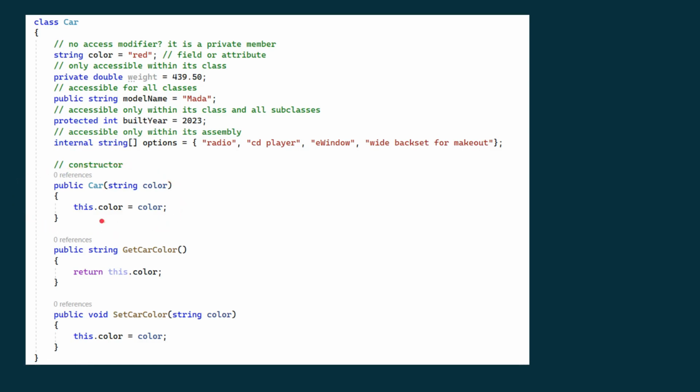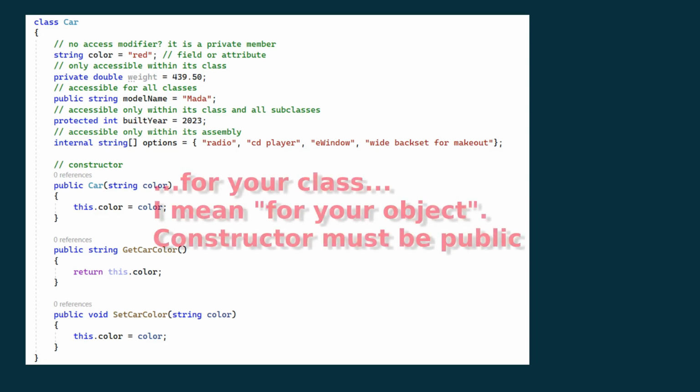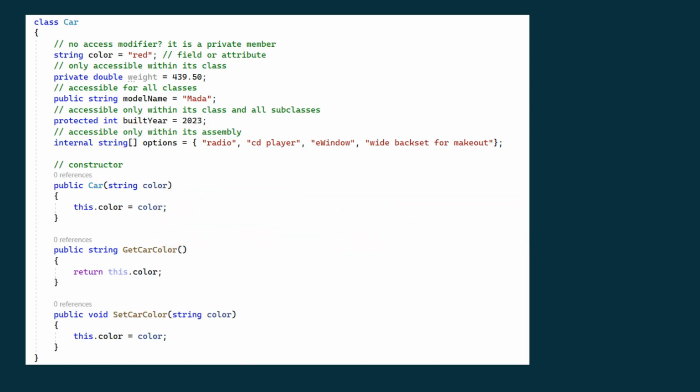Then you have a constructor. What is a constructor? This is a way to provide an initial value for your class. You provide initial data for your class when you instantiate an object or create an instance of that class.